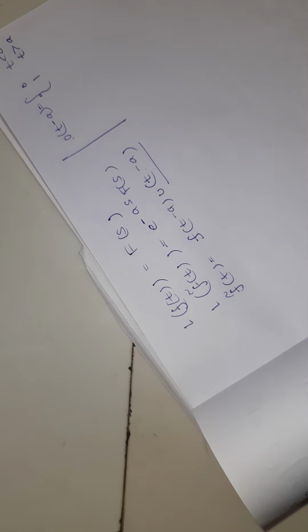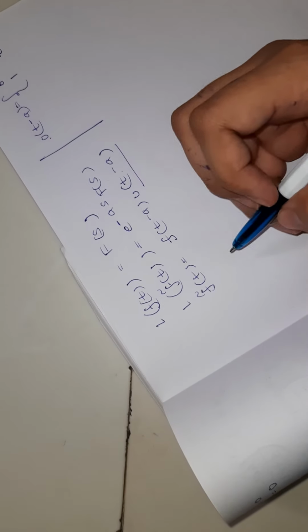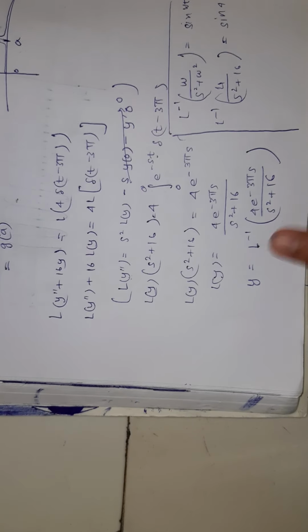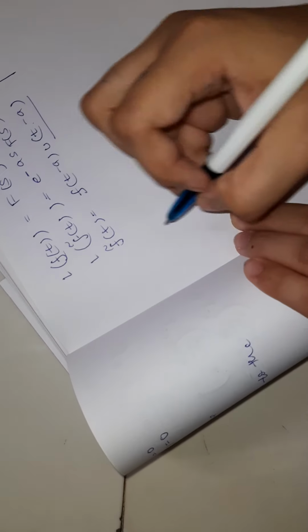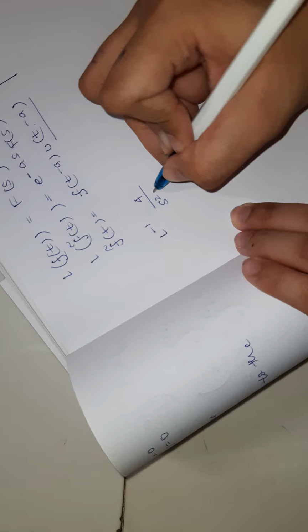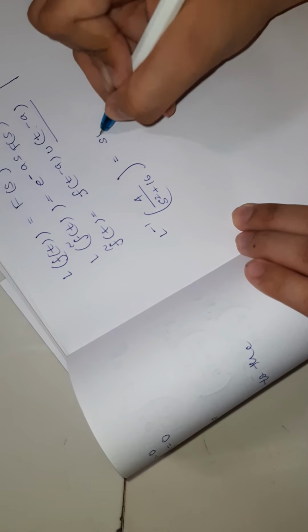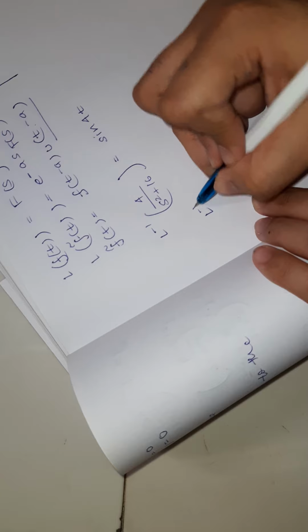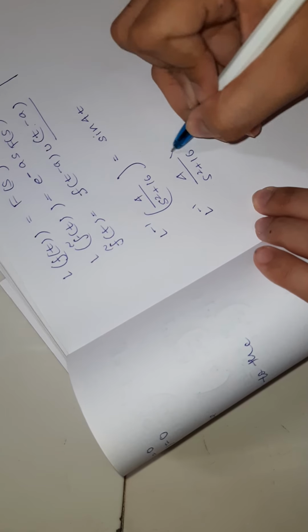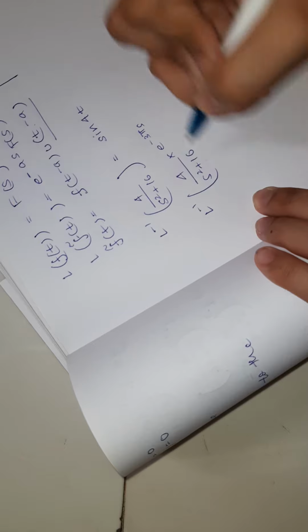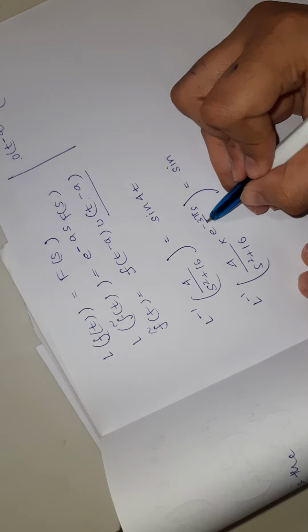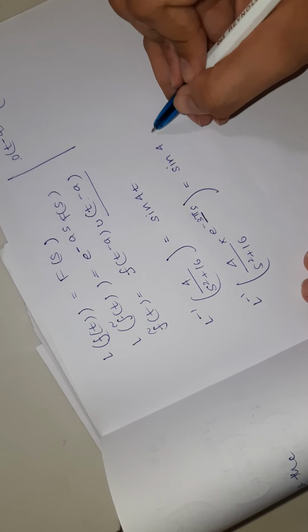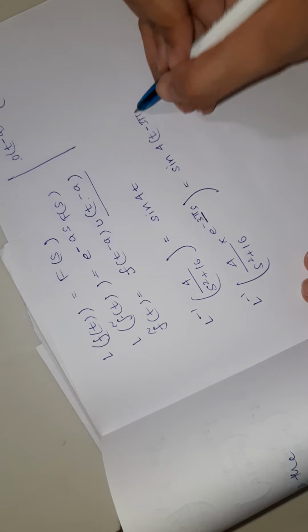So applying this to what L inverse of 4 e power minus 3 pi s is. Since we know that L inverse of 4 divided by s square plus 16 is equal to sine 4t, hence L inverse of 4 over s square plus 16 into e power minus 3 pi s is equal to sine 4 times t minus 3 pi, this acts as our a, into u of t minus 3 pi.